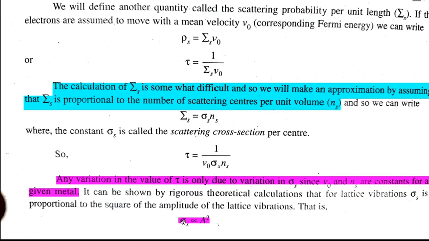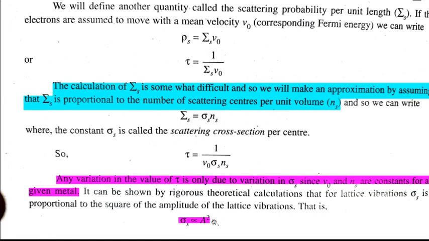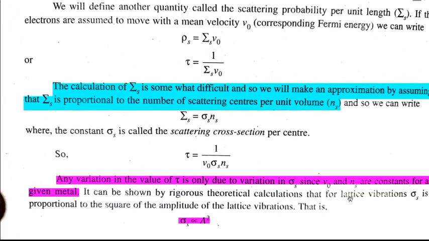So ultimately sigma s is directly proportional to the square of the amplitude of lattice vibrations, because as the lattice vibrates a lot, the scattering cross sectional area will be larger. Think of an atom vibrating at its host position. So the atom is covering a certain region. Naturally, when an electron passes through the vicinity of that, it comes across a larger cross sectional area, and that's why sigma s is proportional to the square of amplitude.